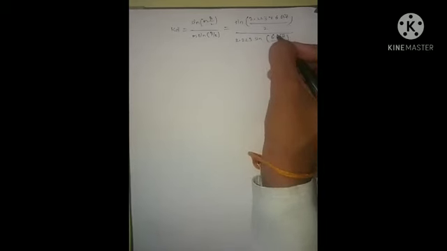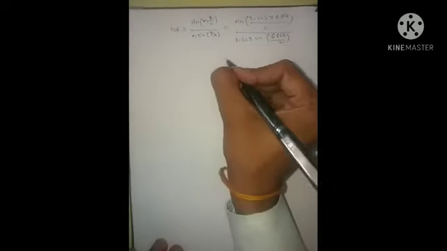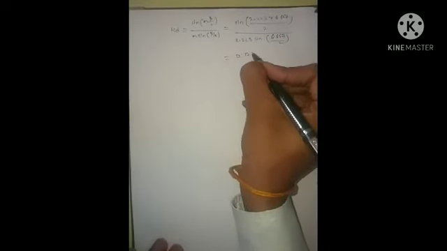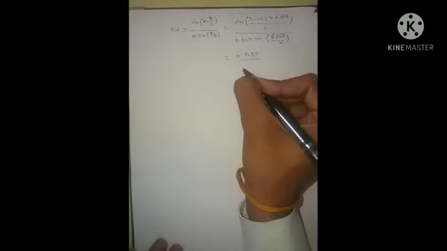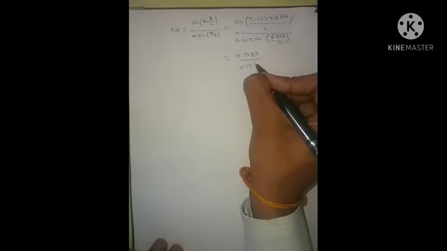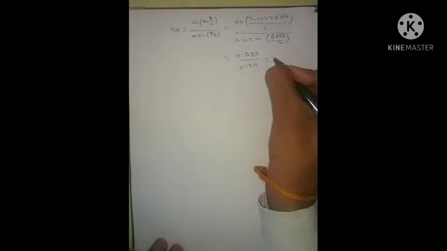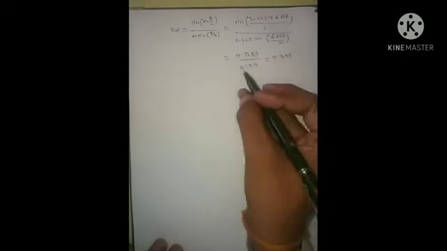By solving this, we will get 0.1289 divided by 0.129 equals 0.999. That means it is approximately 1.